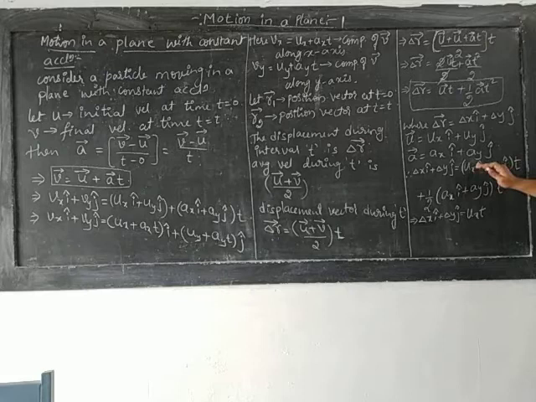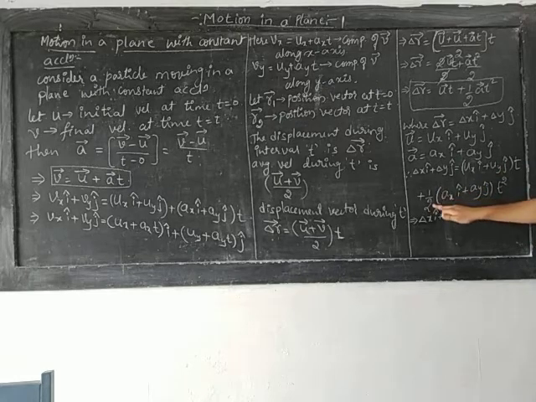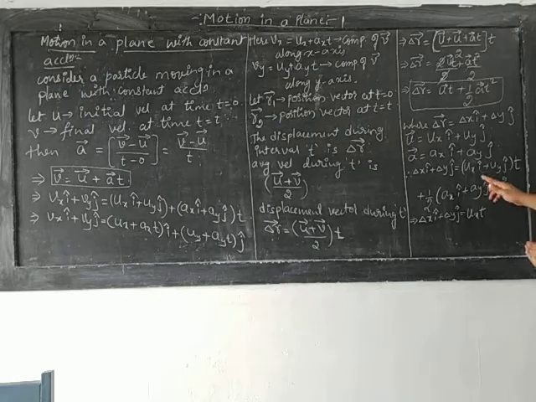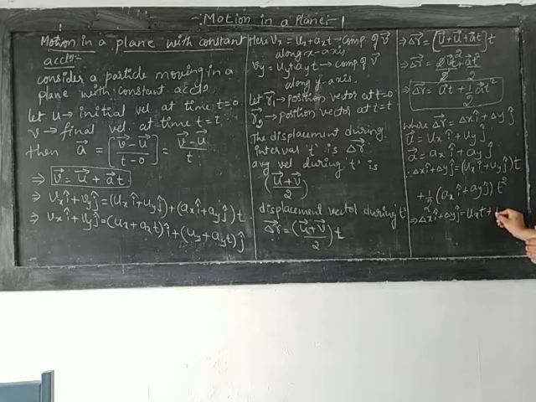These will come as the coefficients of vector i cap, and then in this term, half into ax into t square. They are going to come as a coefficient of i cap. So I'll just write them under one bracket. That is ux into t plus half ax into t square.